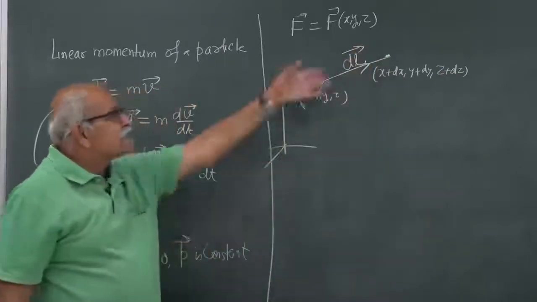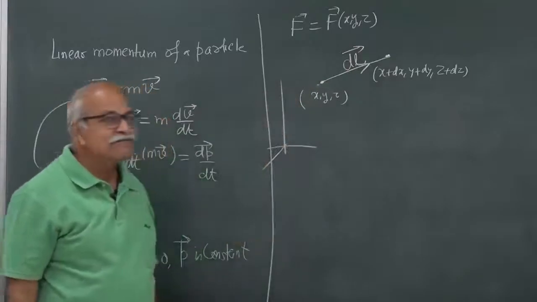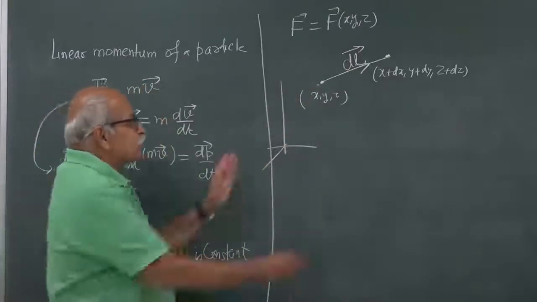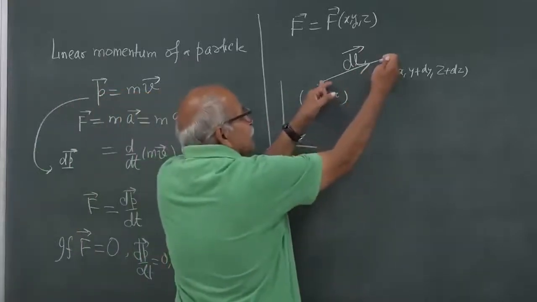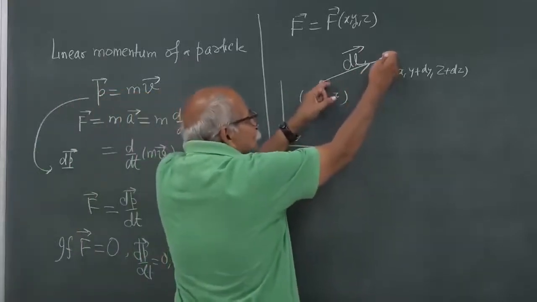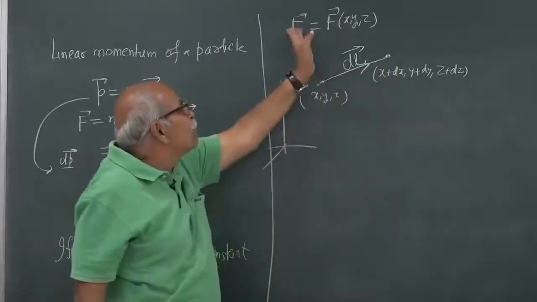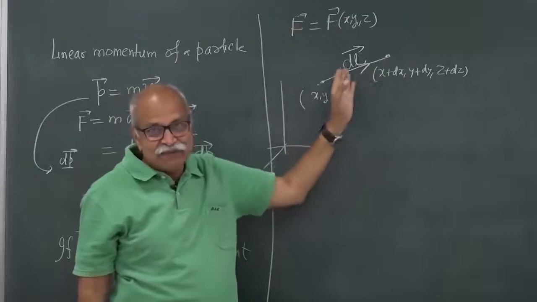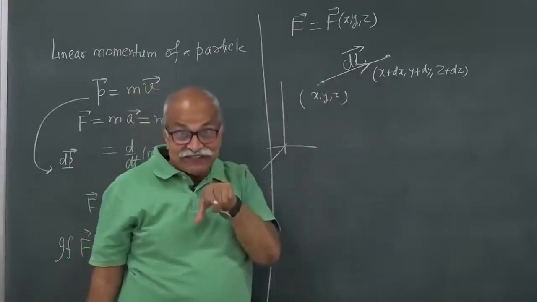People also call it the dr vector. And then this is a small line segment. We assume that the variation of x within this is infinitesimally small. That is how calculus works.